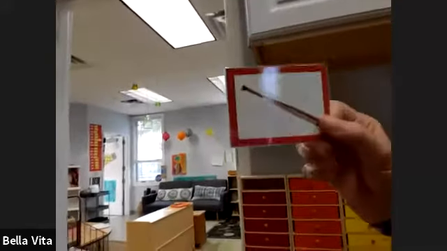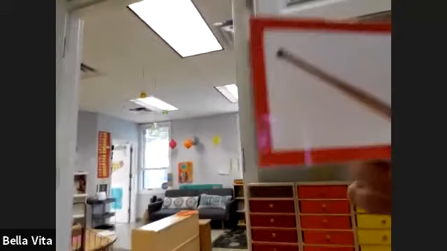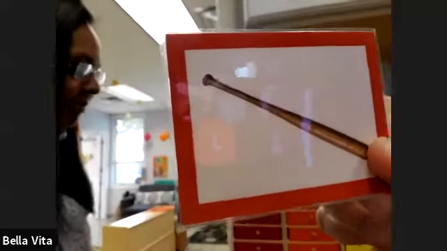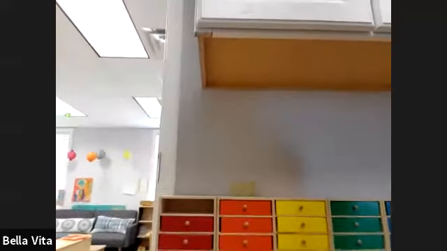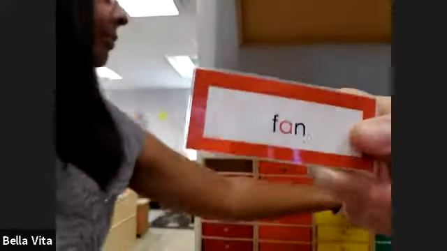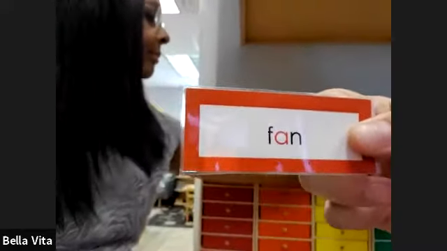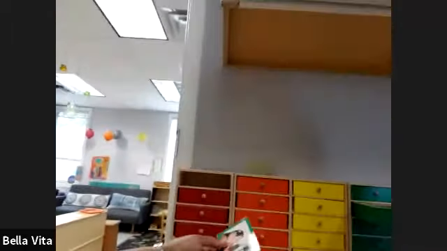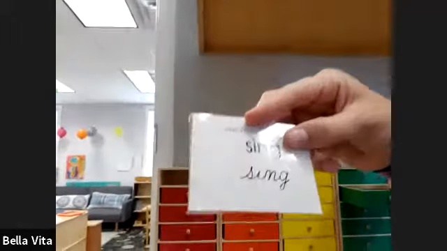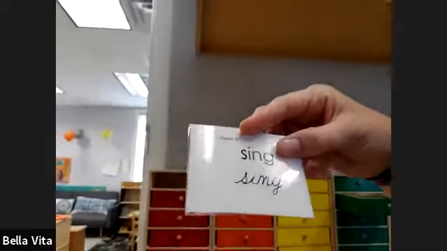So the first part is a picture, and if you can see, it's a bat. Then it comes with a word for them to match up. Although this isn't bat, they do have the bat. So then they're matching them up. The older students can work on the cursive.